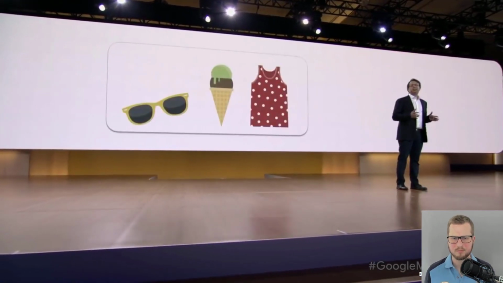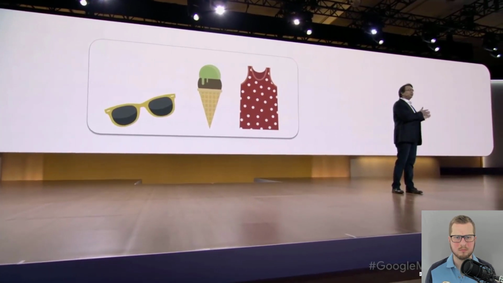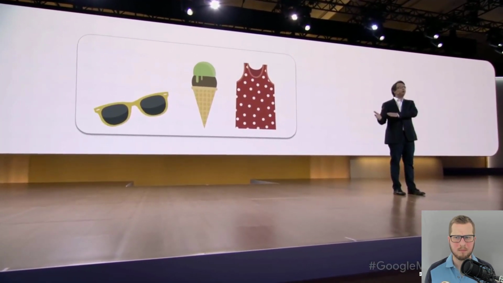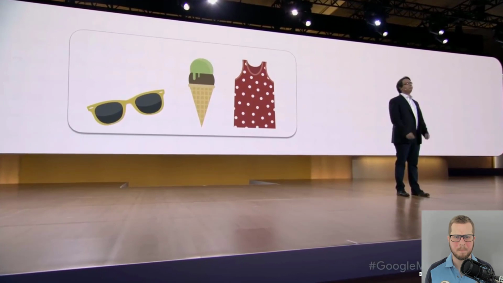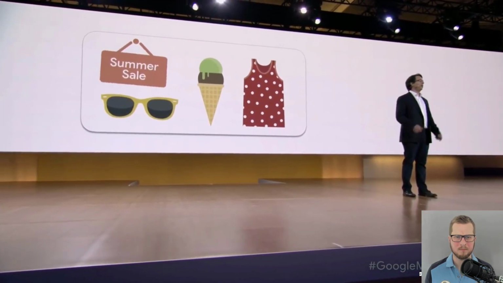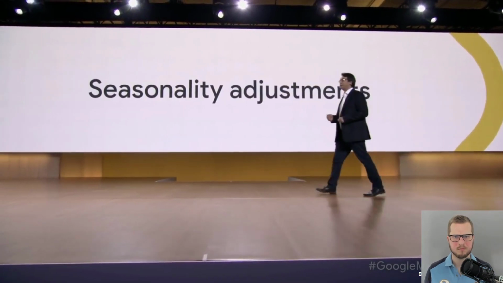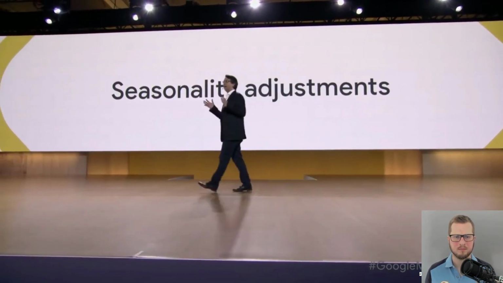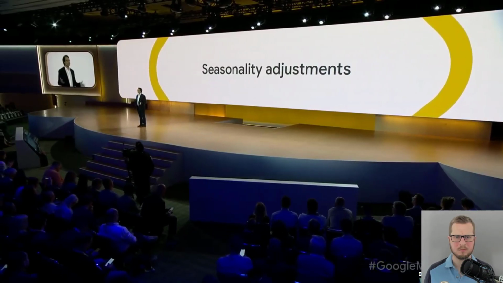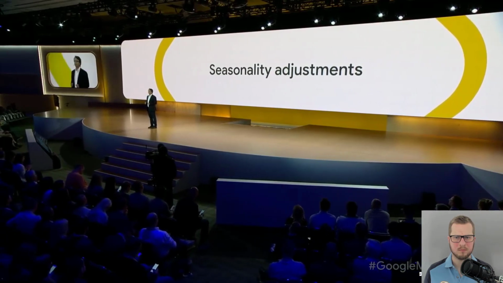Finally, there are occasions when recent historical data just isn't good at anticipating future performance, like when you're about to hold a special summer sale. With seasonality adjustments, you can let us know about these events ahead of time. You tell us the dates for your sale or event and the conversion rate changes to expect during that time.